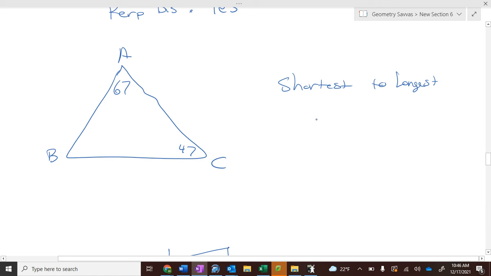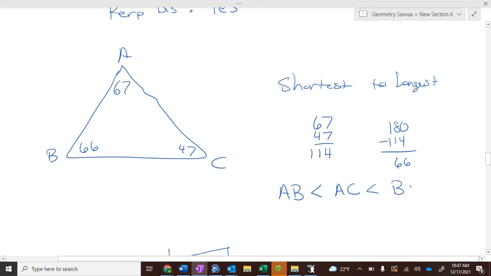Add them together and subtract. It's 66. So then your shortest side will be AB. It goes AB, AC, BC. AB is the shortest. AC is the second shortest. BC is the longest.